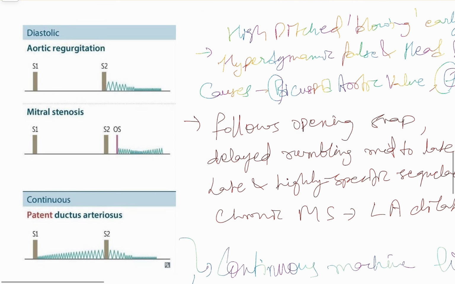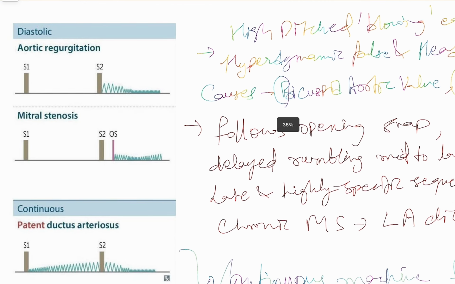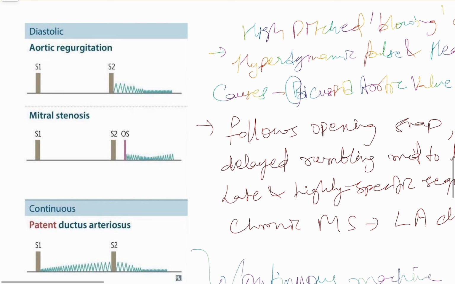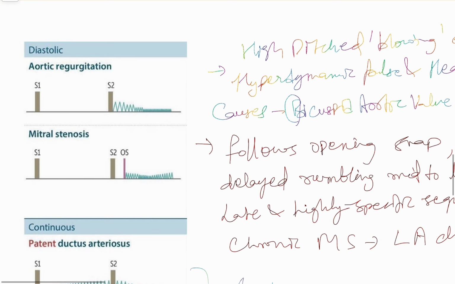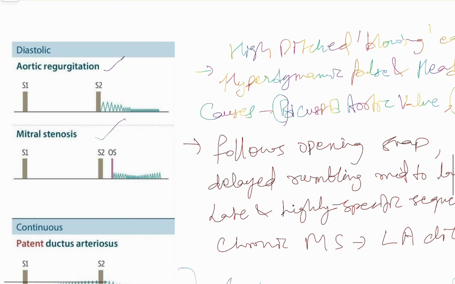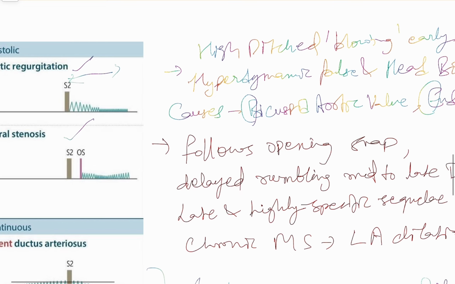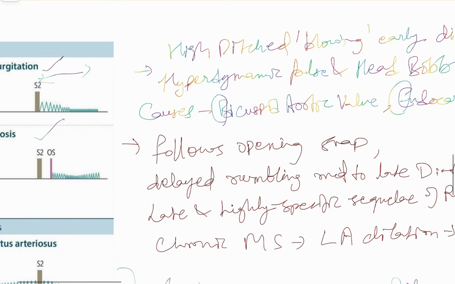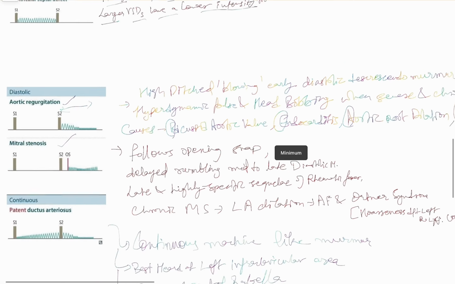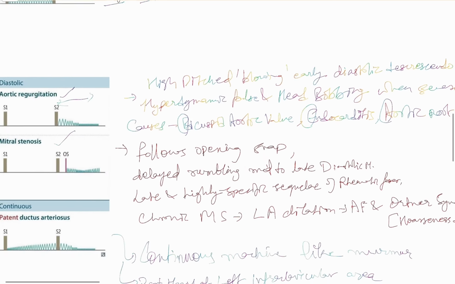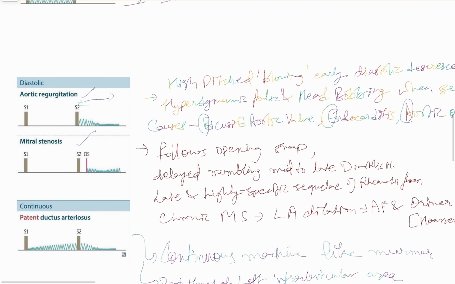Now let's see the diastolic murmurs. As we know, the diastolic murmurs are aortic regurgitation and mitral stenosis murmurs. They will be heard after S2. So it's a high-pitched blowing early diastolic decrescendo murmur, as we can see here.